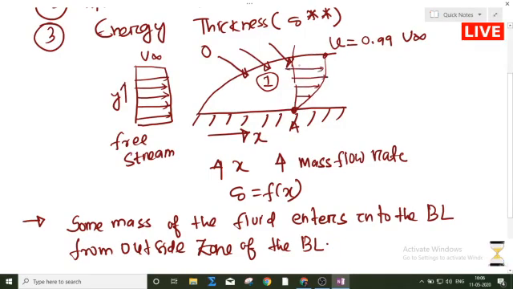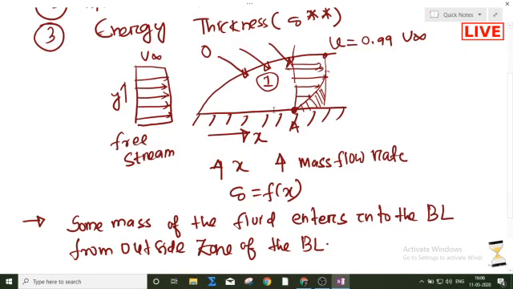It means a velocity gradient will exist, and there will be some reduction in mass due to the formation of the boundary layer.